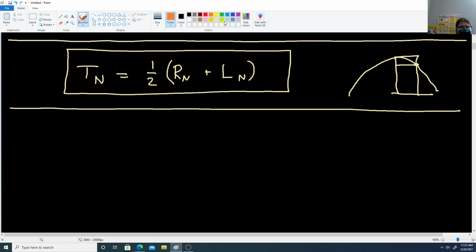If we look at this little box here, if we were to draw a diagonal line straight through that box, that would cut the difference. So we draw a diagonal line like that. That would be the average between the right and left endpoint approximation, which we can see will form one of the trapezoids from the trapezoidal approximation. So that's why this works.